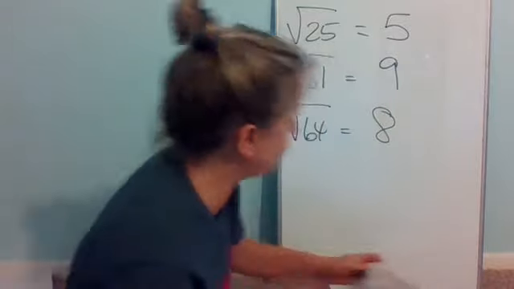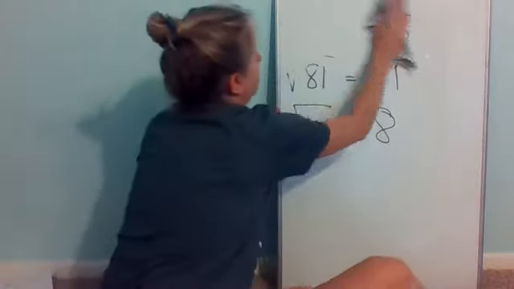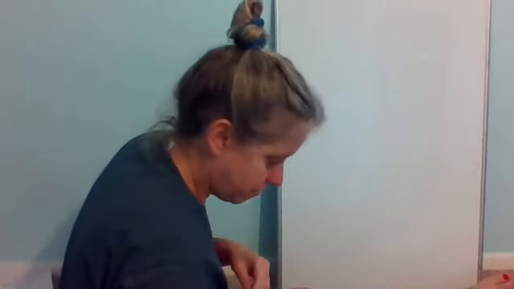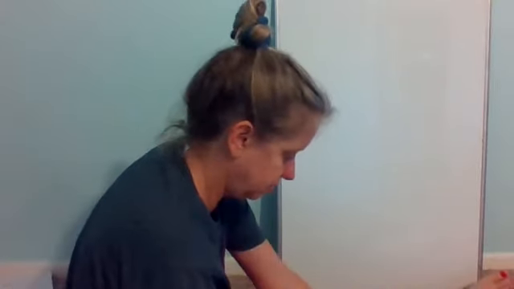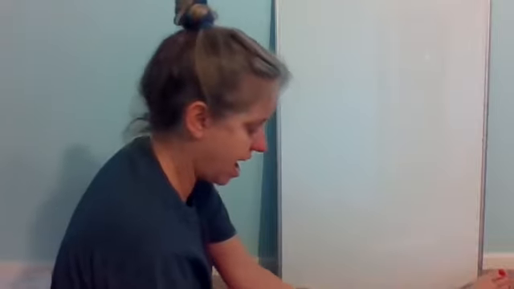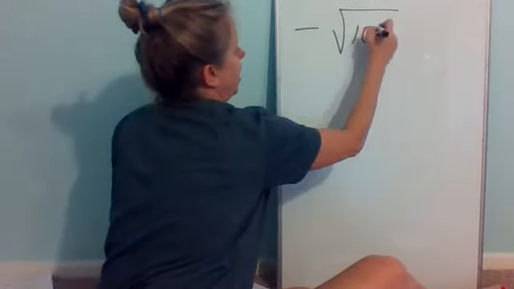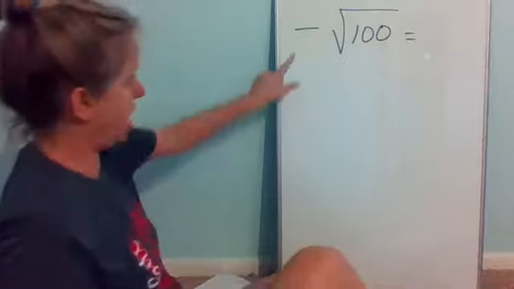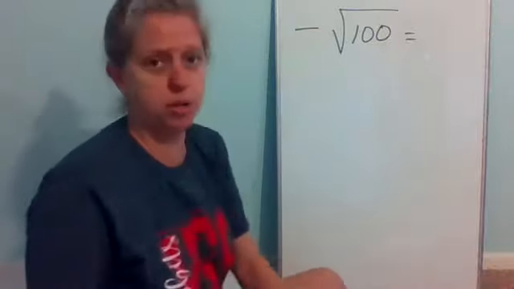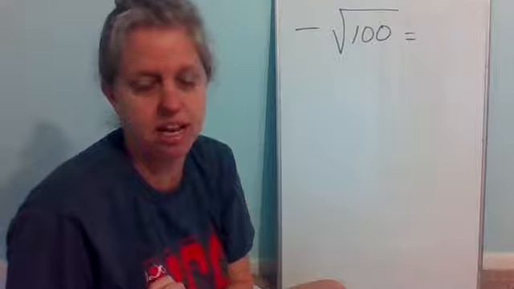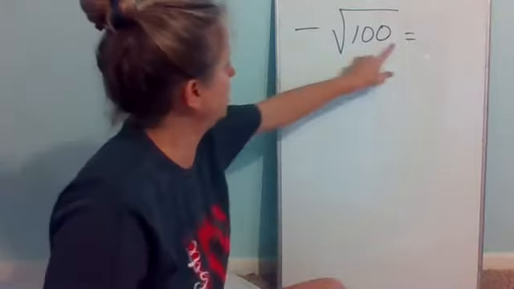Now, when we get to number 4, we do see something a little different. 4 and 5 both have negatives, but they're on the outside of the radical. If you're on the outside of this radical symbol, you're just coming over. You don't have anything to do with what's going on underneath.